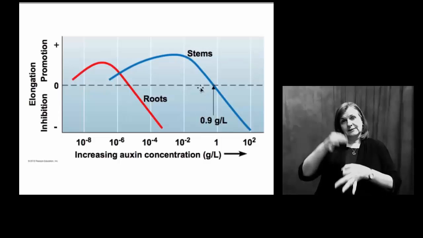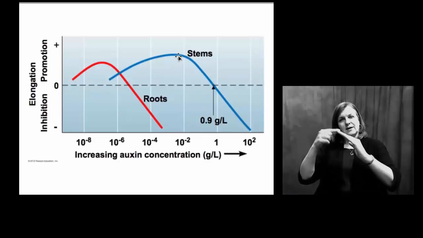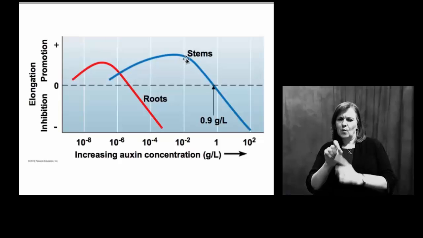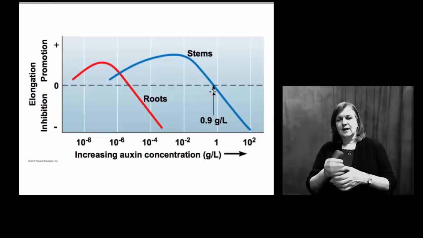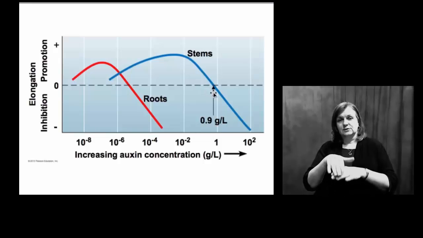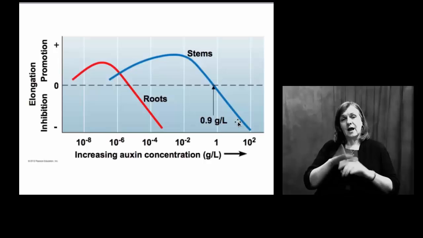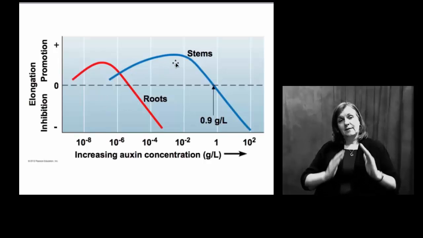Similar patterns in my stems, again coming up, and I've got good promotion of stem elongation at about 10 to the -2, but they've marked here for you 0.9 grams per liter actually causes a turnover of stem promotion to stem inhibition. How do I know that? We look for the peaks on our graph, okay?